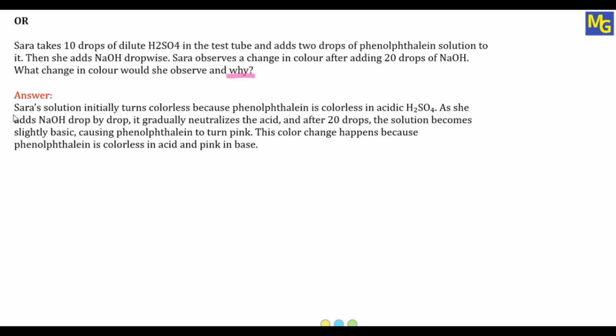Very simple. Sara's solution initially turns colorless because it is acid, and in acid phenolphthalein will always be colorless. You have to remember this: whenever there is acid, if you add phenolphthalein, it will be colorless. This is the main thing which is already there in the textbook, and I have uploaded a video of this chapter, acid, bases and salts.